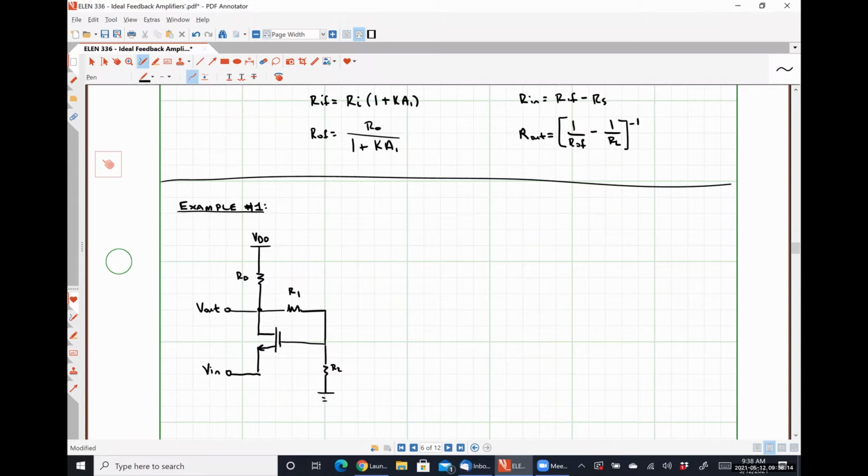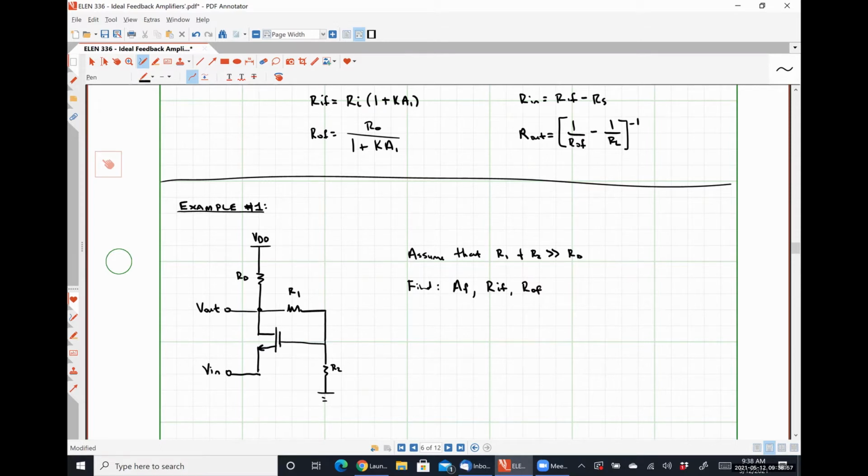Here is R2. We are going to, in this particular example, assume that R1 and R2 are much, much greater than RD. And our goal is to determine our gain with feedback, or our closed loop gain AF, our closed loop input resistance RIF, and our closed loop output resistance ROF.